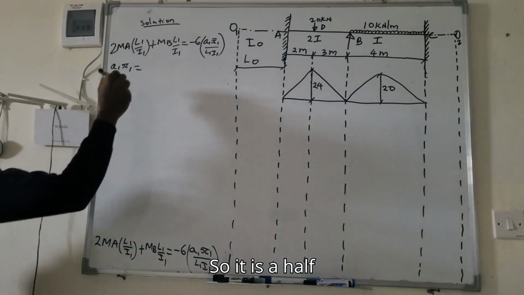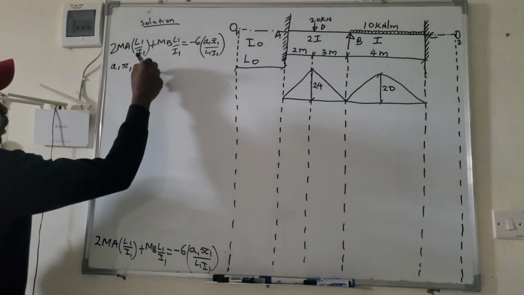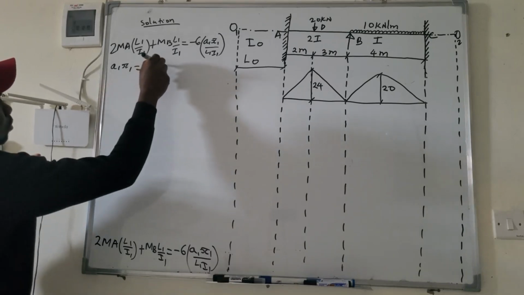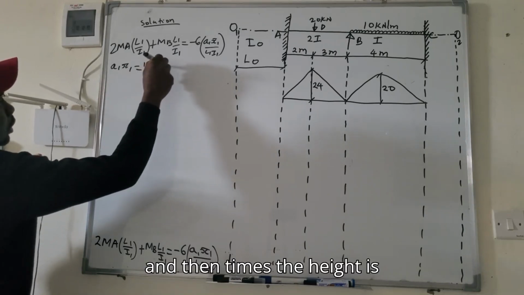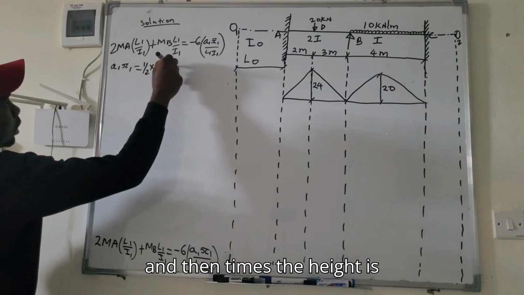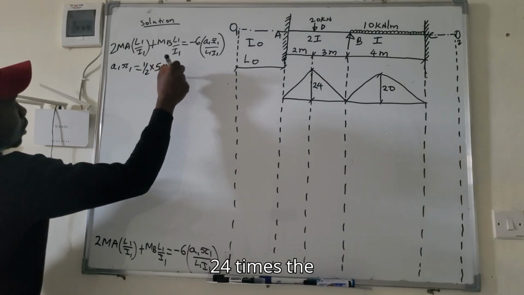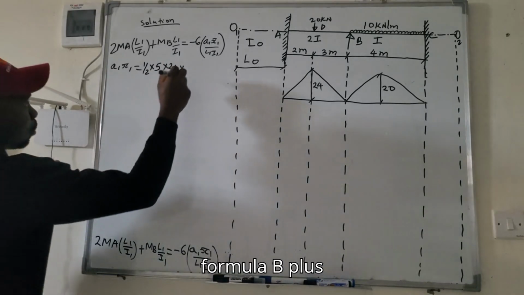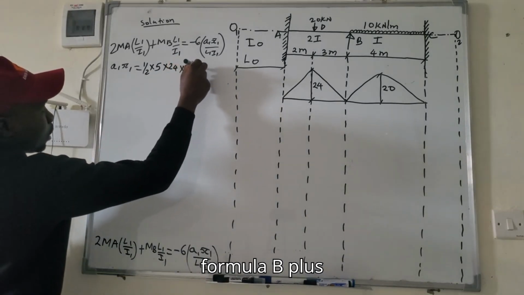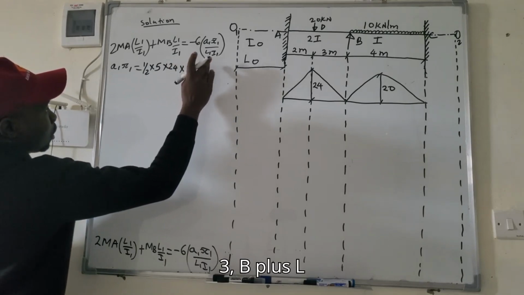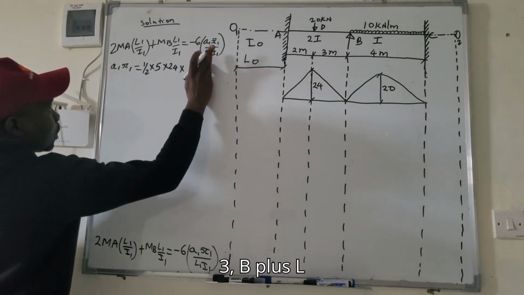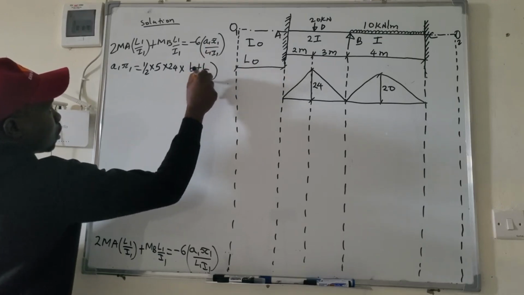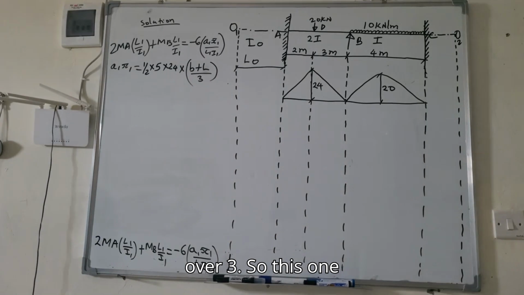So it is a half, length, that is 2 plus 3, 5. And then times the height, which is 24, times the centroid. For the centroid, you can use this formula, b plus l over 3.